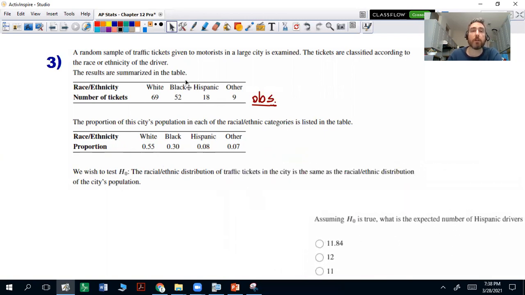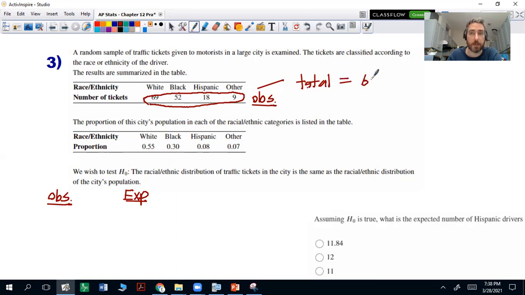Well, we might as well get all of them because we're probably going to need them later on. So our observed is going to be 69, 52, 18, and 9. Our expected is going to be your percentages times your total. Since it doesn't give you the total, you want to add these up. Whatever the total is, that's your sample size. So your total is 69 plus 52 plus 18 plus 9.